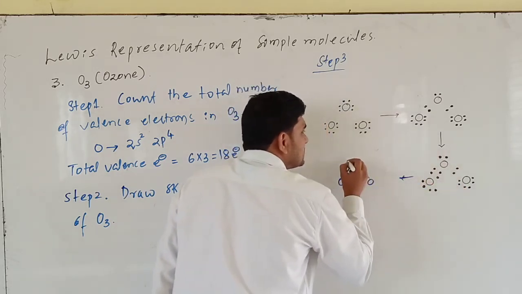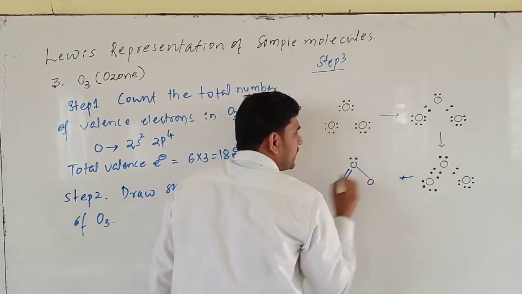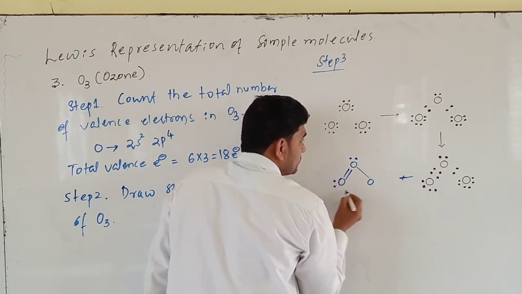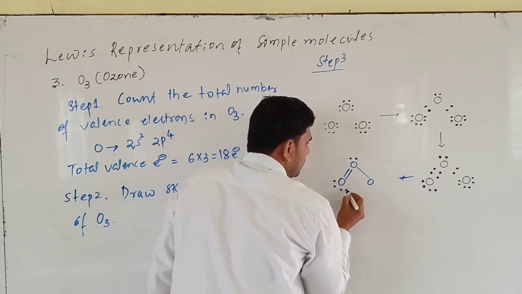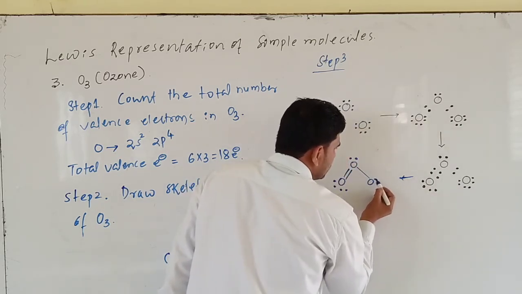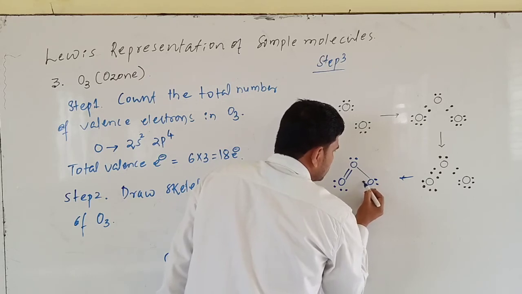Okay, just you place the remaining lone pairs of electrons. Over here how many electrons remain? 6. 2 4 6.